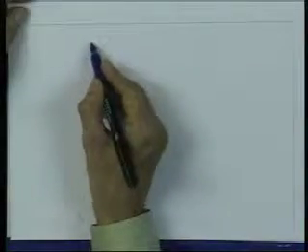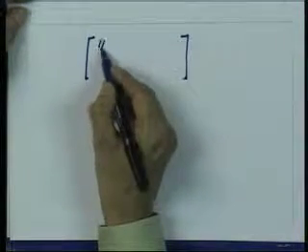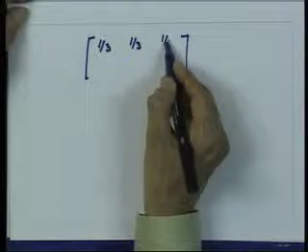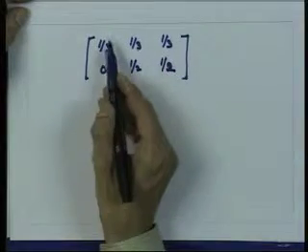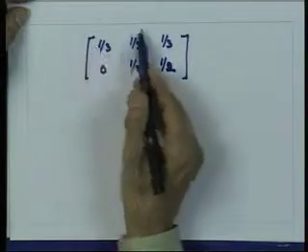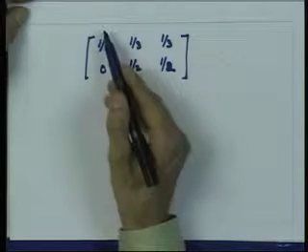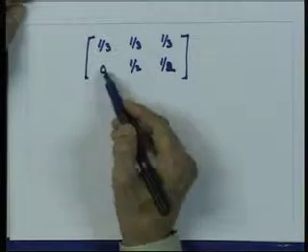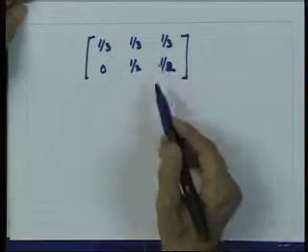for this example, and it can be shown that the equivalent channel matrix between A and C is of the form: probability of C1 given A1 is this, probability of C2 given A1 is 1/3, probability of C3 given A1 is again 1/3, and probability of C1 given A2 is 0, probability of C2 given A2 is half, and probability of C3 given A2 is half.